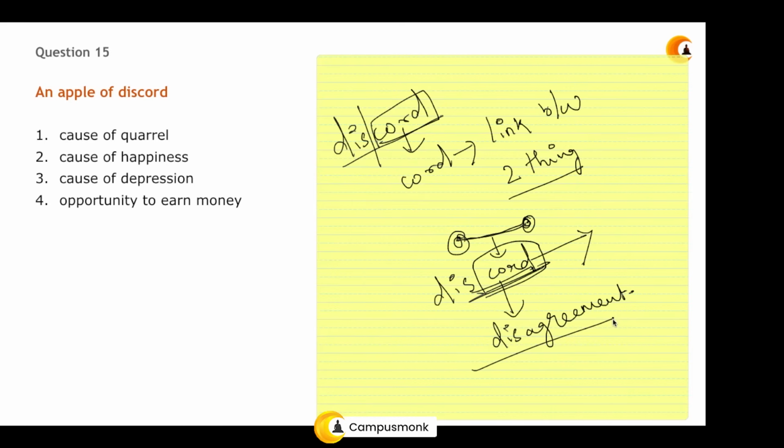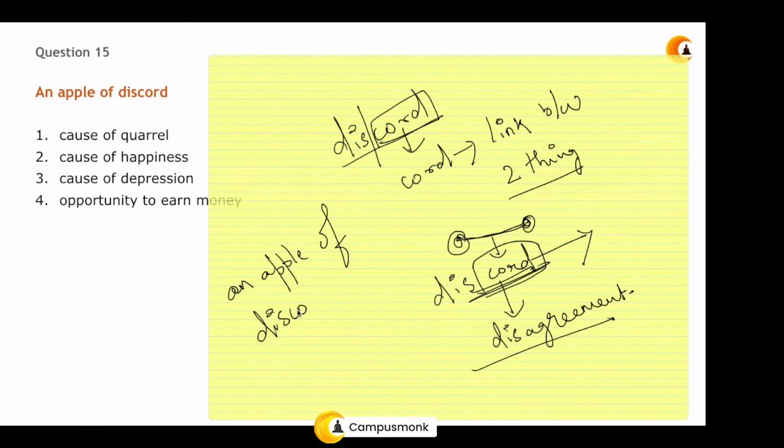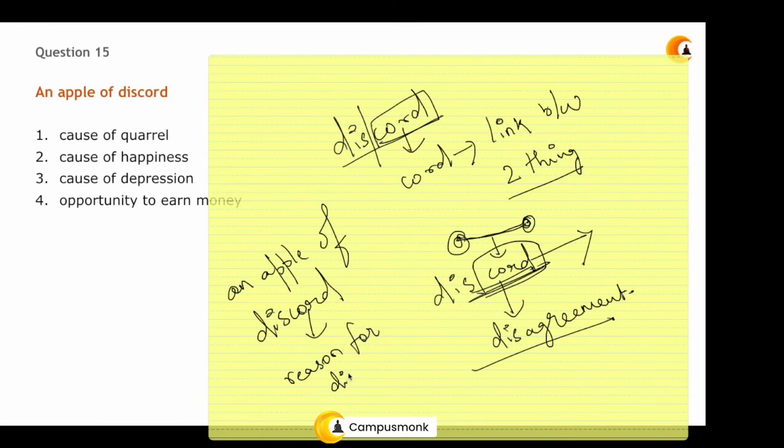An apple of discord means what? A reason of disagreement. An apple of discord means nothing but the reason for disagreement. Okay, that is what an apple of discord means.